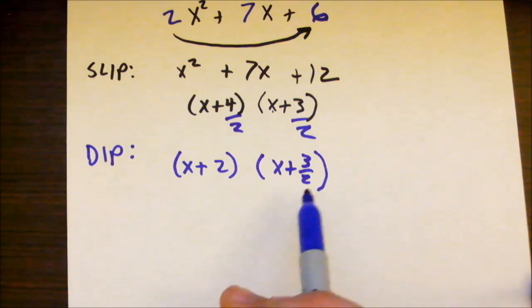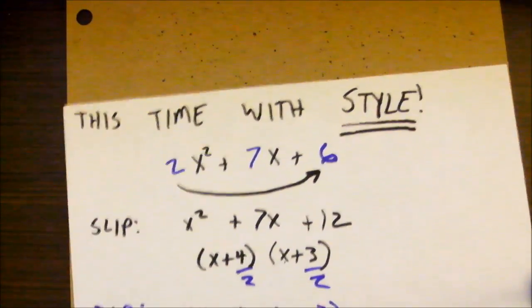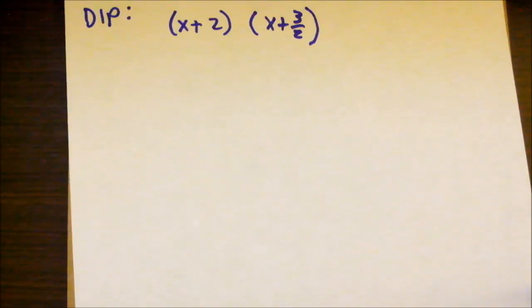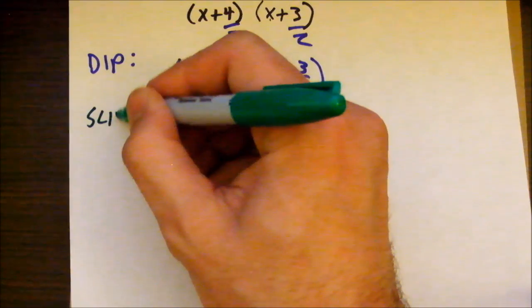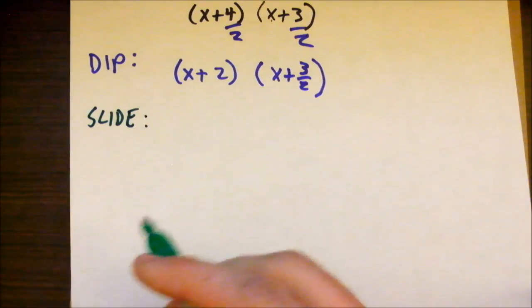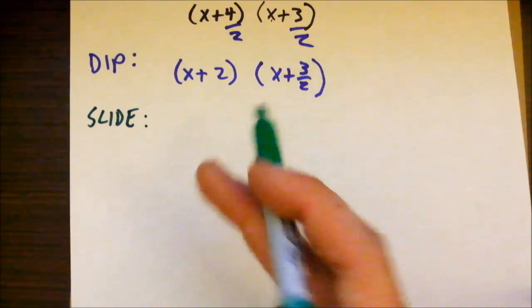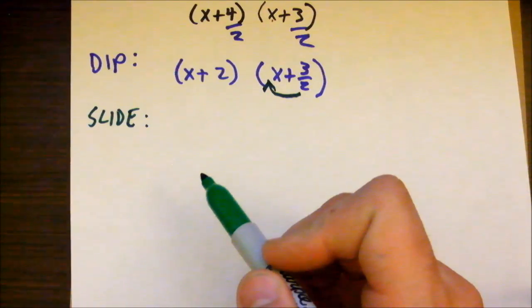So when these fractions don't reduce, this is when slide comes in. Let me change colors once again. Move my page up. So when I switch over to green here, we're going to have our slide step. Now, this happens when you have a denominator that doesn't rationalize, so you can slide this over in front of the x term here.